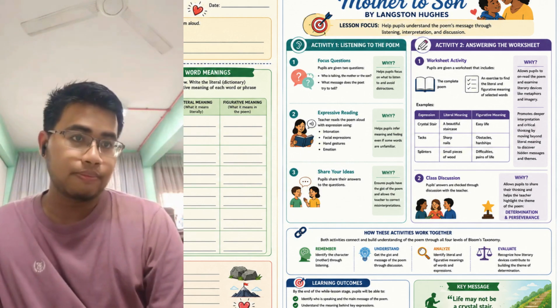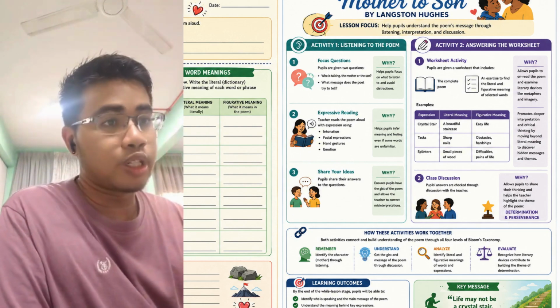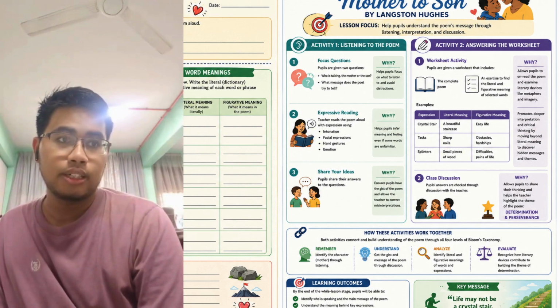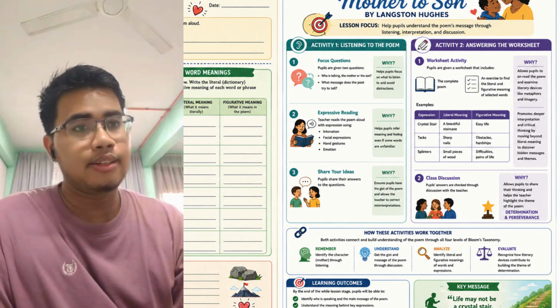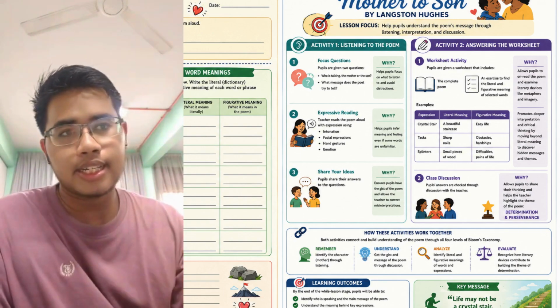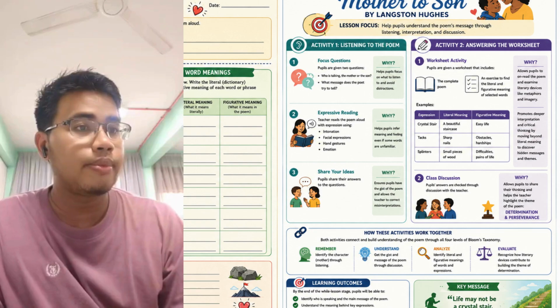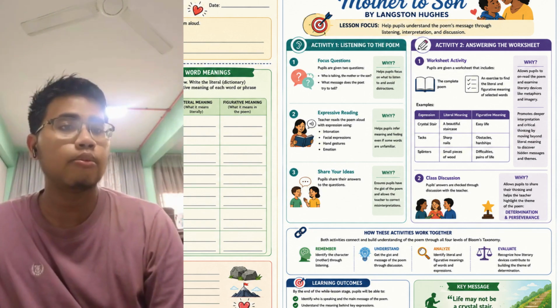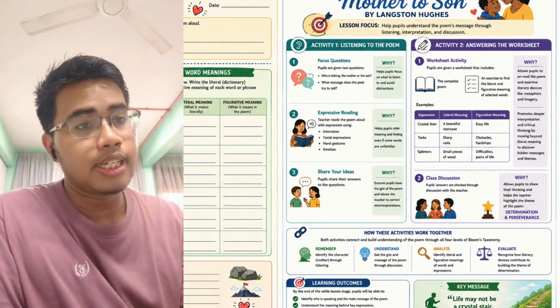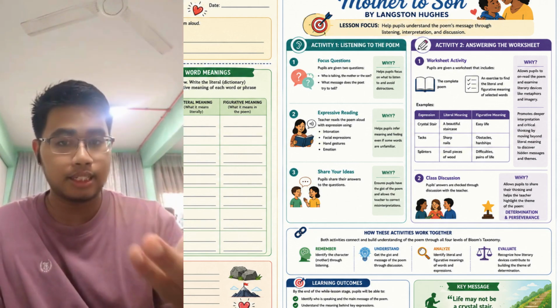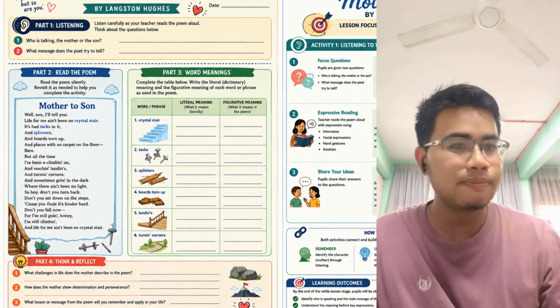So for the worksheet, pupils are given a worksheet which consists of the complete poem and an exercise. The exercise requires students to provide the literal and figurative meaning of several words taken from the poem, as shown in a pen right now. There you go.